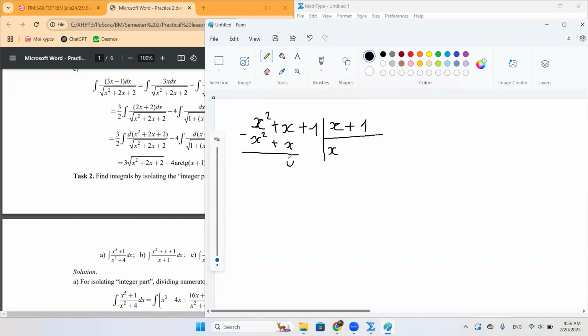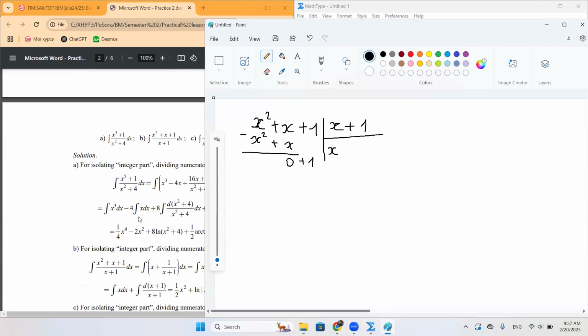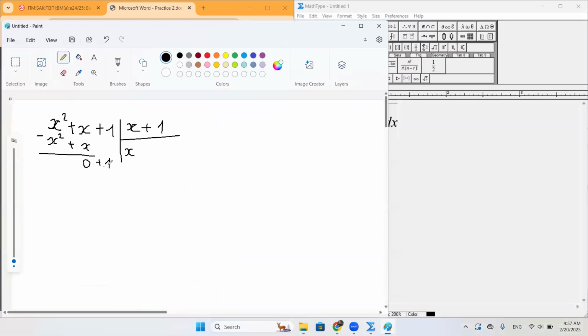So here is 0 and just plus 1. So what we receive here, let me check, everything is correct. So what we have here will remain in the numerator, and this is the whole part.